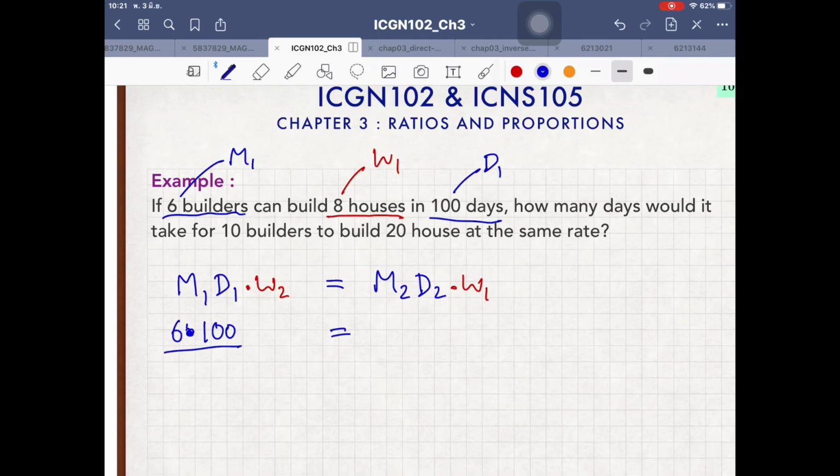Okay, let's take a look at the second situation. Here the number of workers will be 10. This is M2. The amount of work, all right, here we want to build 20 houses. So this is W2.